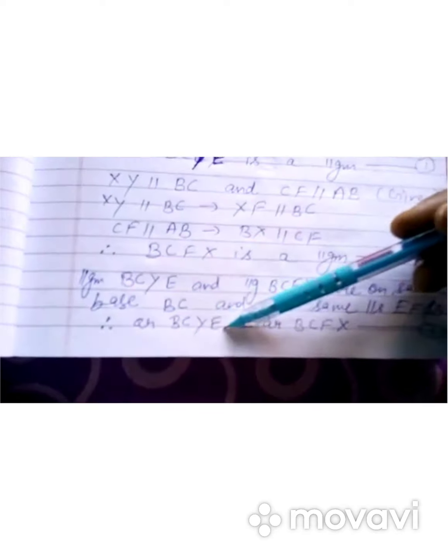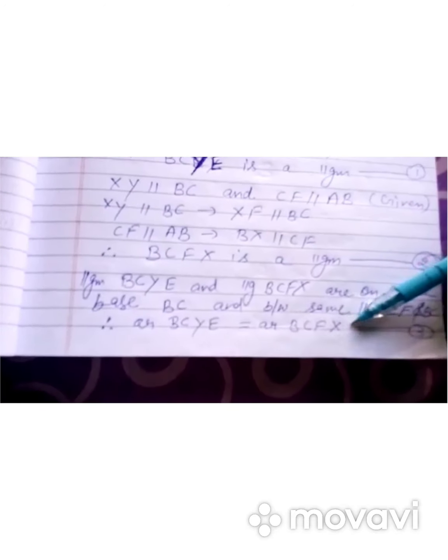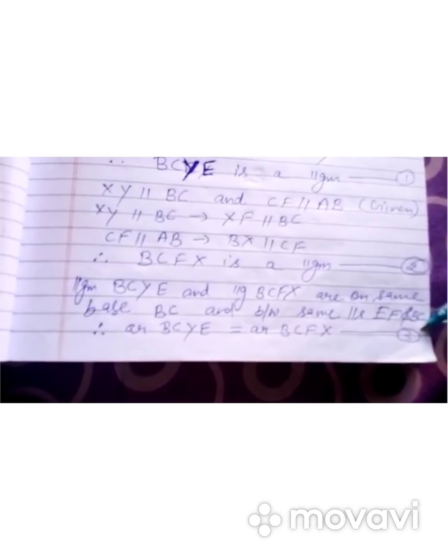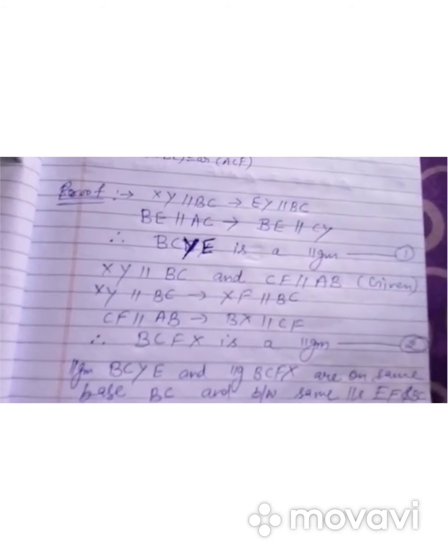Therefore area of BCYE is equal to area of BCFX. We will name this equation third, and the earlier parallelogram proofs first and second.